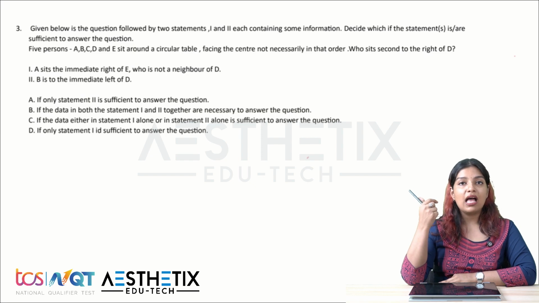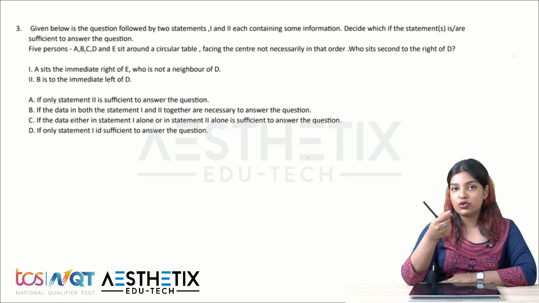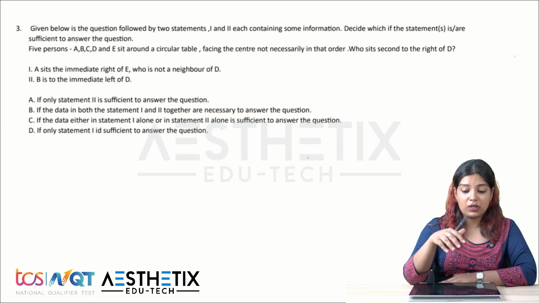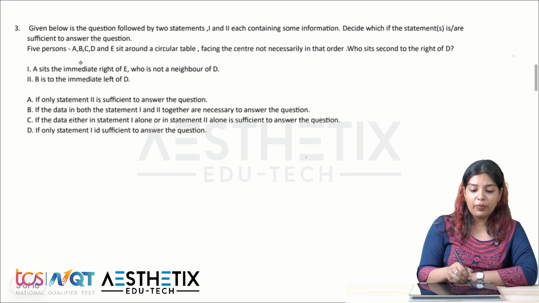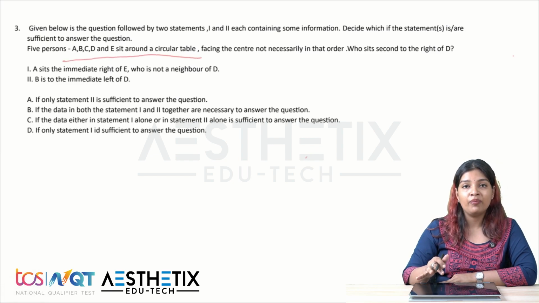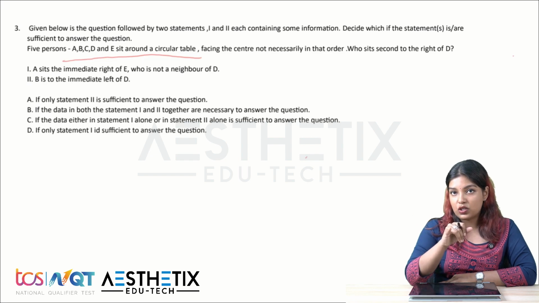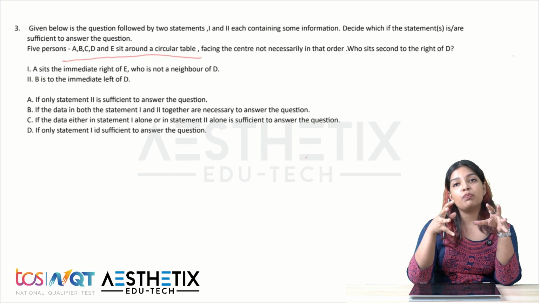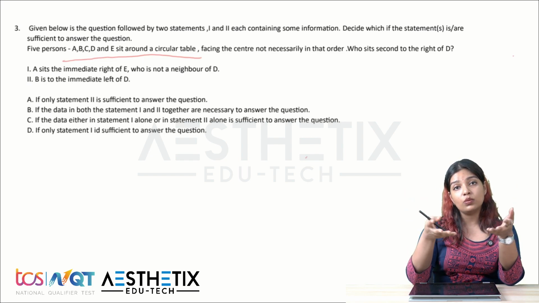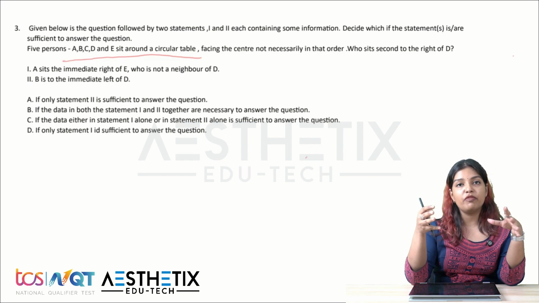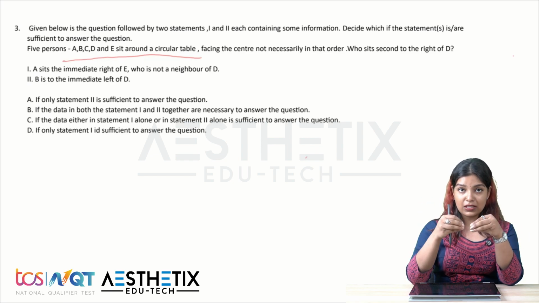One thing I want you to remember is, when a seating arrangement question is given and it is a circular arrangement, as here where 5 persons are sitting around a circular table, all the persons are facing towards the inside, towards the center.